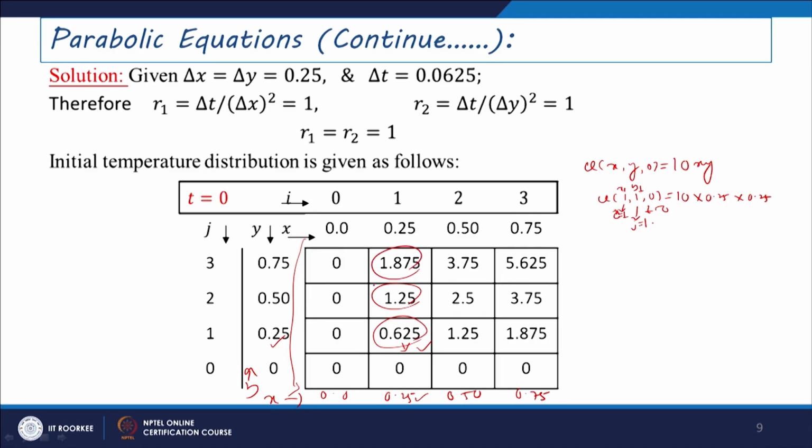In a similar way all other coordinates have been calculated, like 0.75, multiplied by 10 here. So, likewise all these values have been computed at the initial time level.